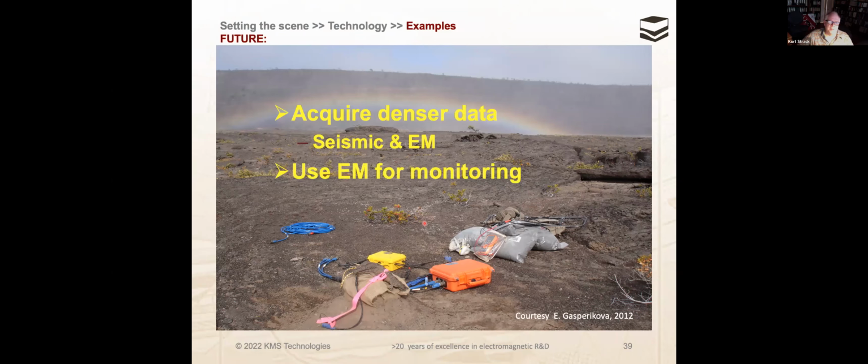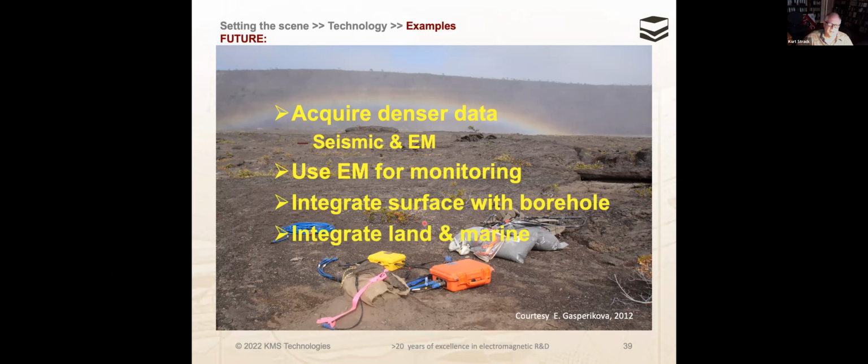So in the future, we will acquire denser data of both seismic and EM, and there will be a lot more being done, and the surface will be more integrated with the borehole. And also there is a strong integration of land and marine. And my colleague from Japan may be listening in.